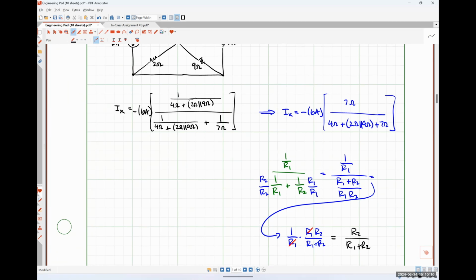So when I have exactly 2 resistors in parallel, what I can do is just put the resistance of the path I don't want divided by the sum of all of the parallel paths. The reason why I really do not like this method, and I no longer teach it, even though this is what's shown in practically every textbook, is because it's only applicable to exactly 2 resistors in parallel, and it puts the path that we don't want in the numerator, which most students find very confusing.